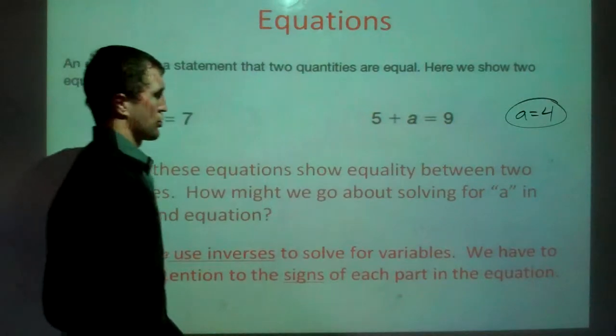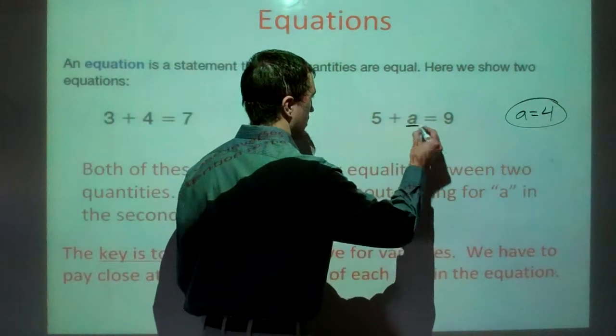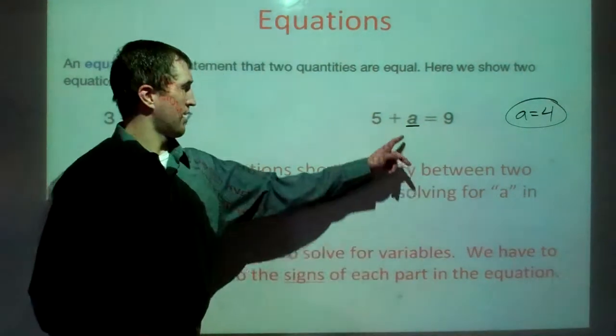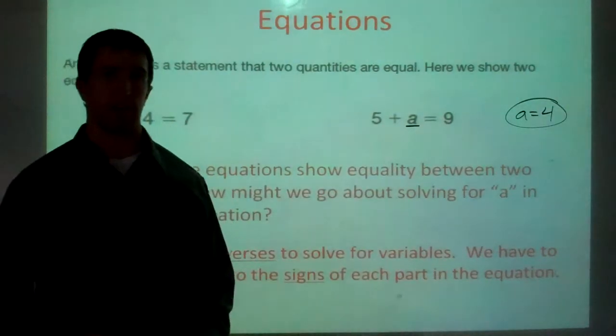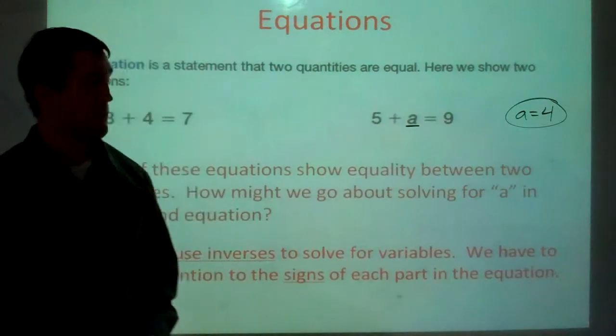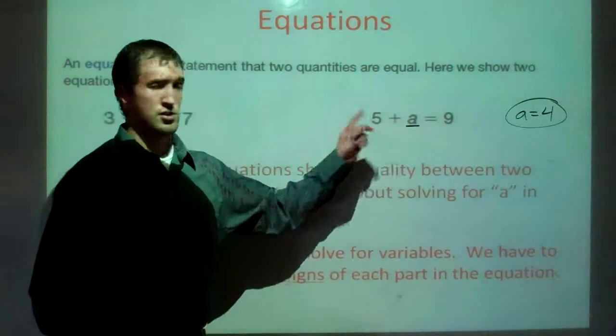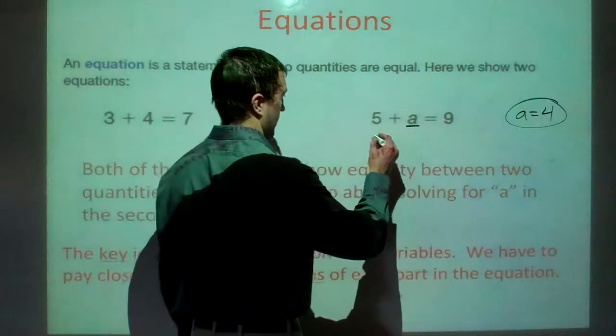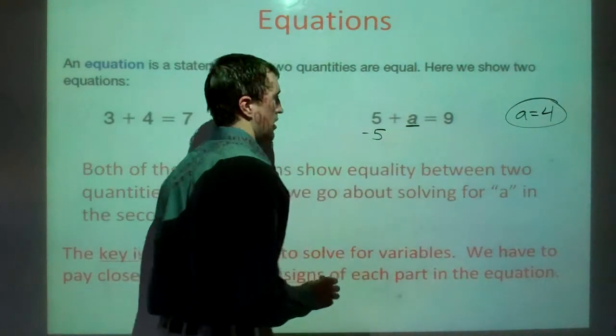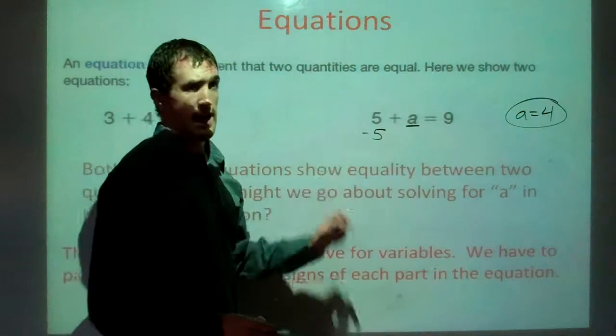So we're trying to solve for a, and it looks like we're adding 5 to a. So the inverse of adding, if we remember from previous lesson, is subtraction. So what we're going to do is subtract 5 from this side, and that'll cancel out the adding of the 5.